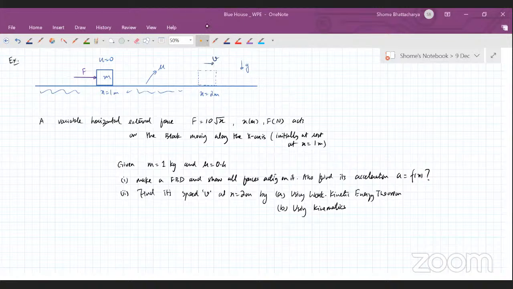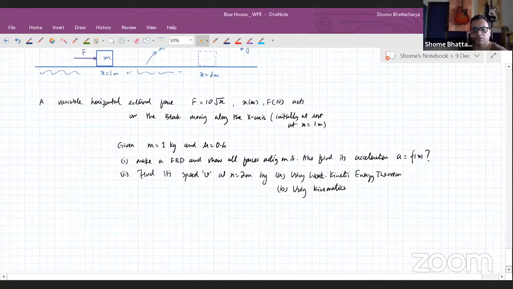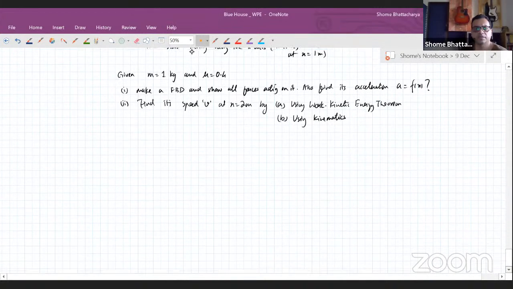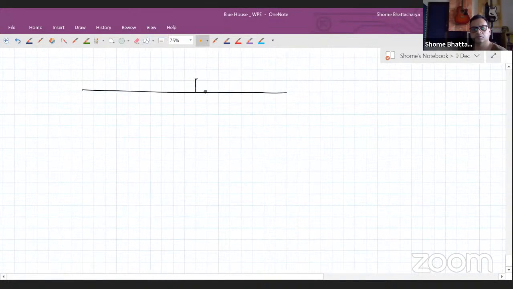Okay, so let's understand the solution of this problem. Yes, Shikhar, that is correct. So when the body is at some general point x, there is this force acting on it, which is 10 root x.